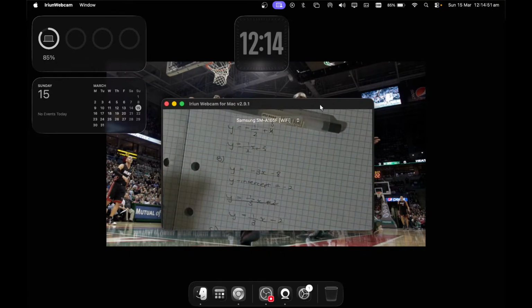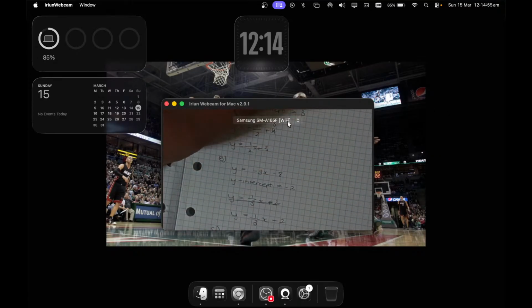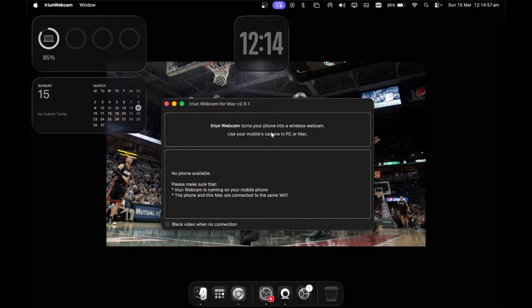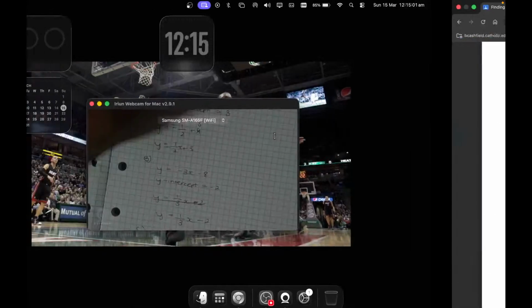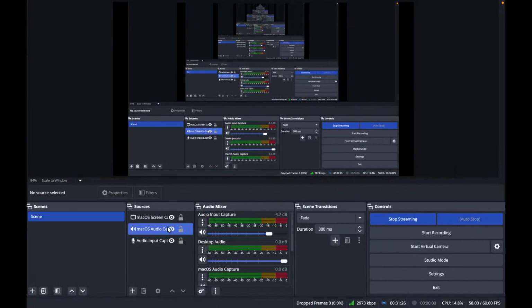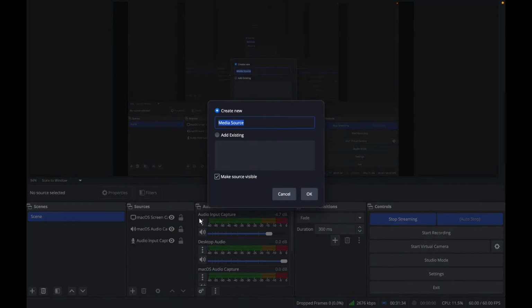Help get your bum out. Help roof. Oh, why did I turn it off? How would I add that? The media source?